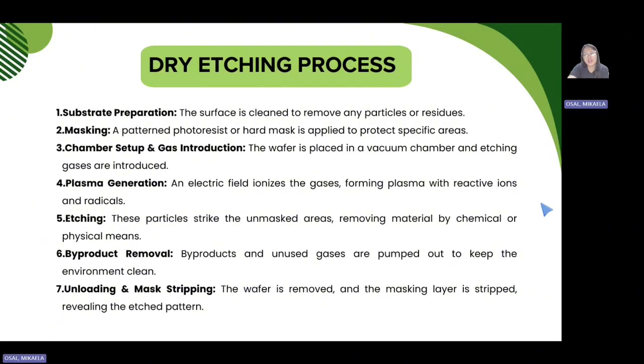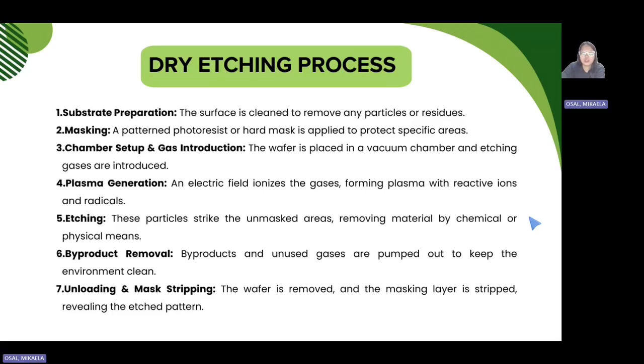Now let's go over the essential steps involved in the dry etching process, which is crucial for creating precise features on semiconductor wafers. First, same as with wet etching, is substrate preparation. This process begins with cleaning the wafer surface to remove any particles, residues, or contaminants.